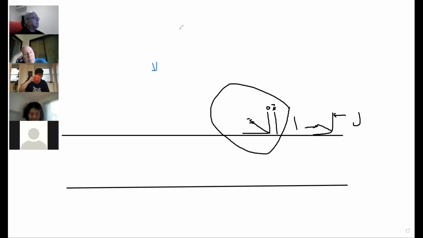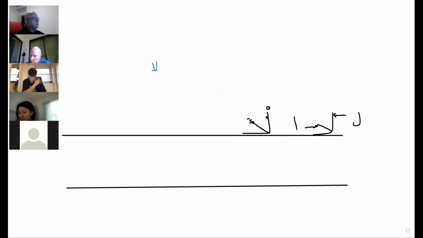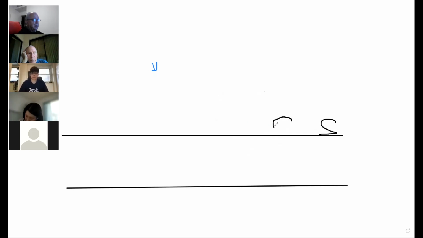Let's just erase this. Now, this is the way you write ayin in the beginning of a word. Excuse my bad writing.